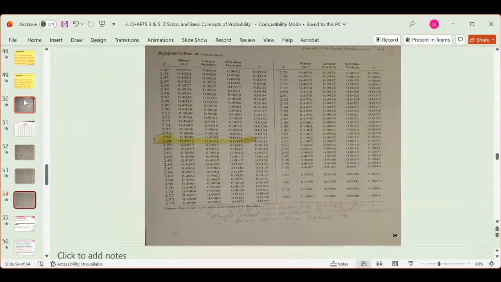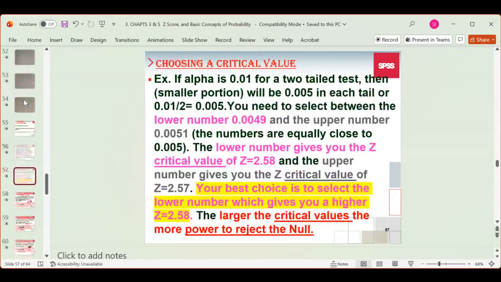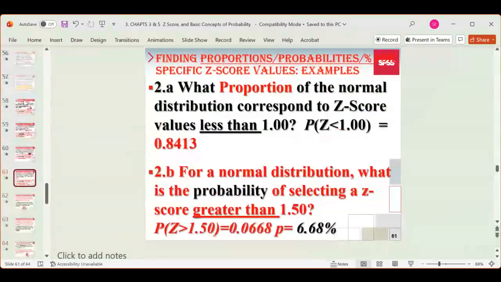That's why it's important to have a textbook. Then there is a z-score calculator. It can help you double check yourself when you do your quiz, exam, or even homework.